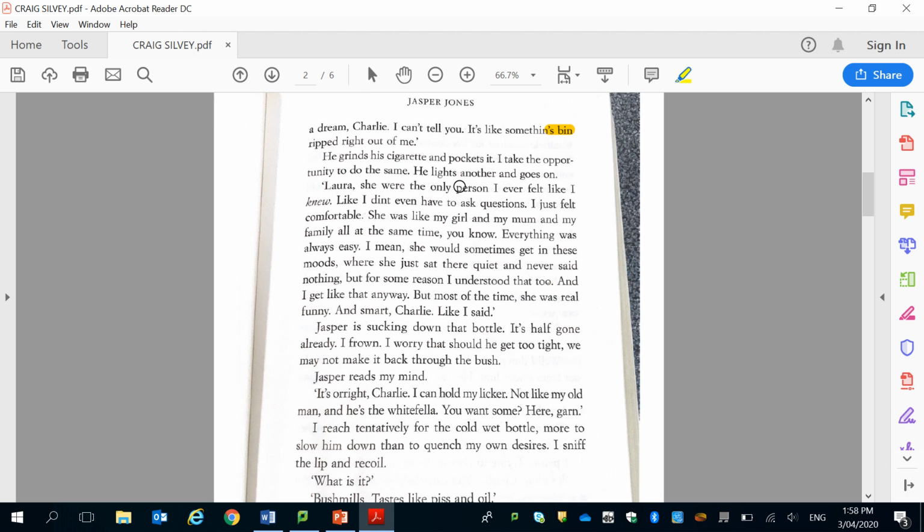Alright, now let's have a look at this passage of dialogue here from Jasper, where he's describing to Charlie the nature of the relationship that he had with Laura, the girl who has been found dead hanging from the tree. Alright, so Laura, she was the only person I ever felt like I knew. So there are grammatical problems with his speech here, or grammatical inaccuracies. So when you look at it, Laura, she were, and obviously we know that the correct form is she was.